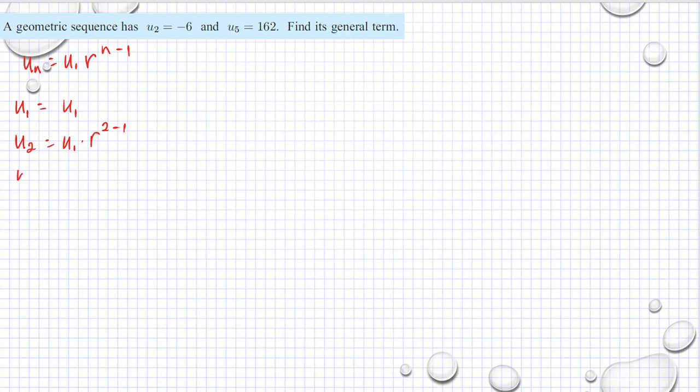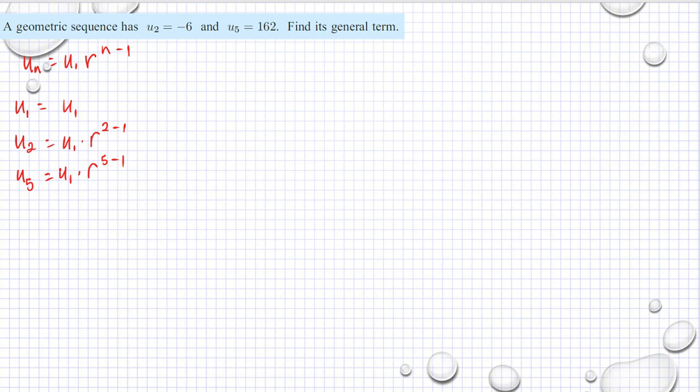And then u sub 5 should be u sub 1 multiplied by r raised to 5 minus 1. So we can equate those so that we can find the value of r and u sub 1.